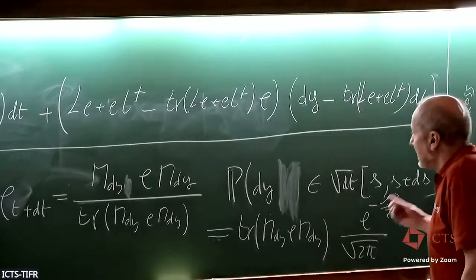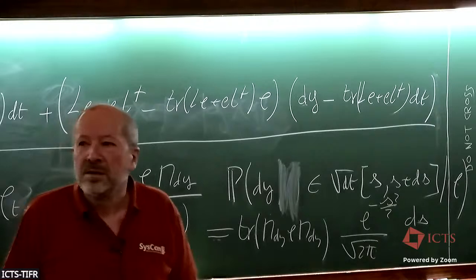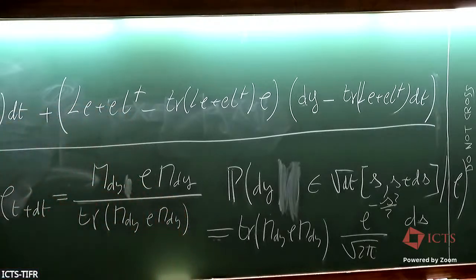So in a certain sense, the probability given to get dy is not exactly the Gaussian, but it is a Gaussian with, in fact, a polynomial, which is a plus b s plus c s squared, where a is close to 1.